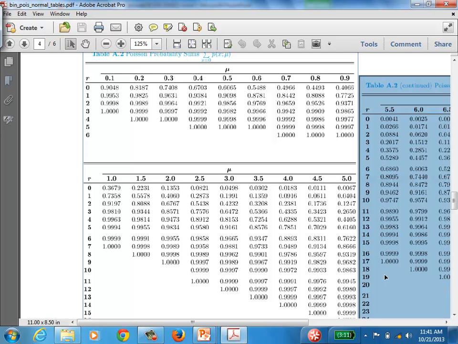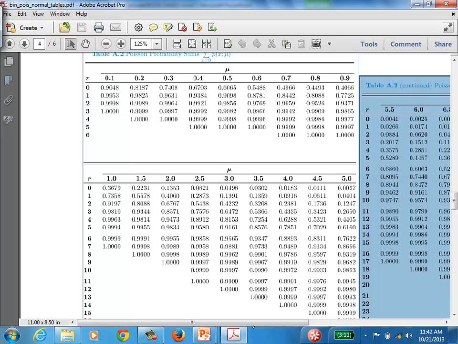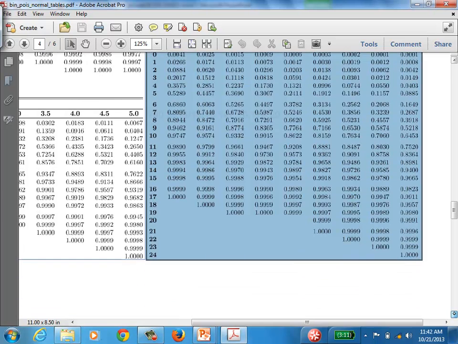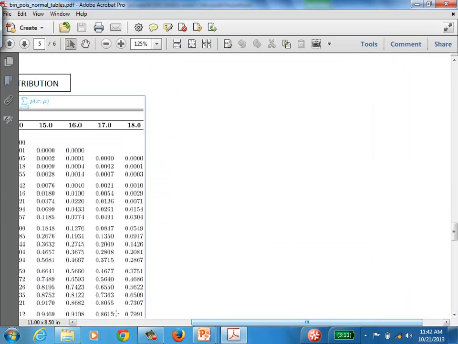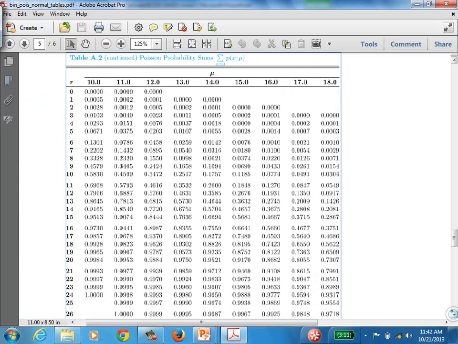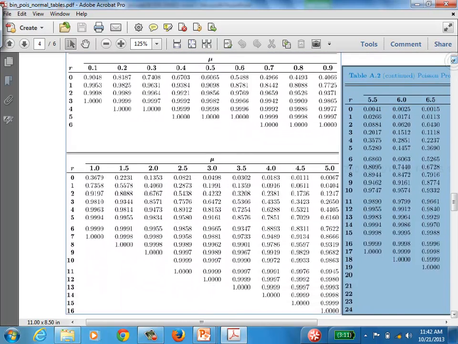So in the case that x equals 2, yeah, we don't have the value for 2.7.